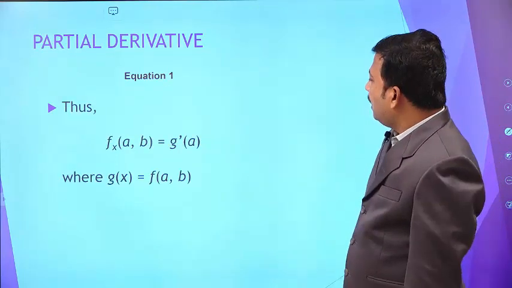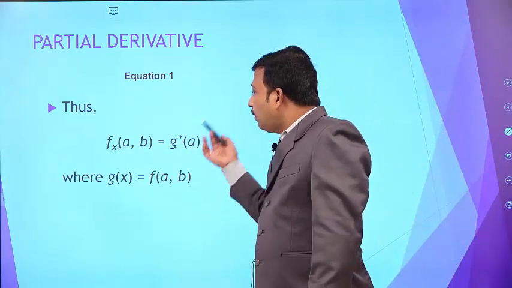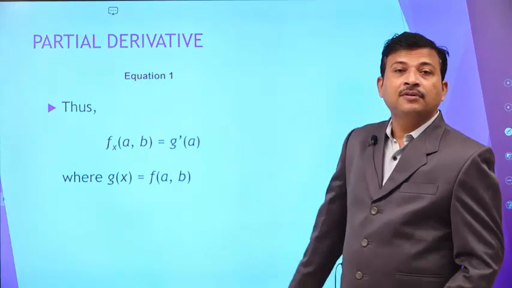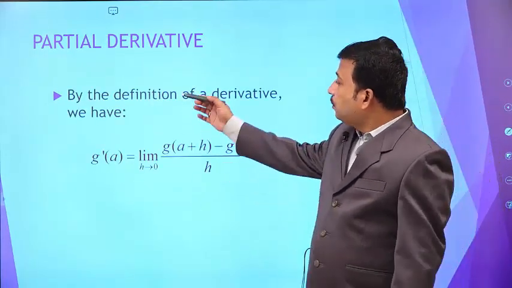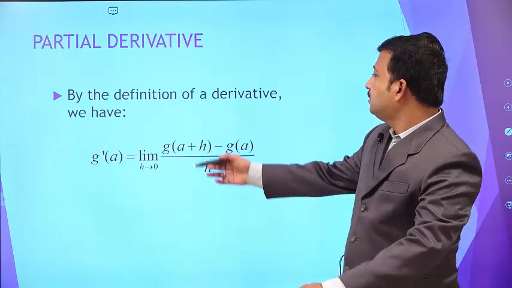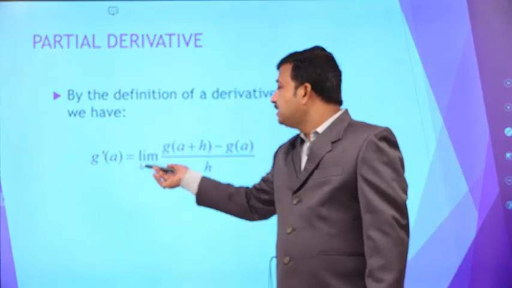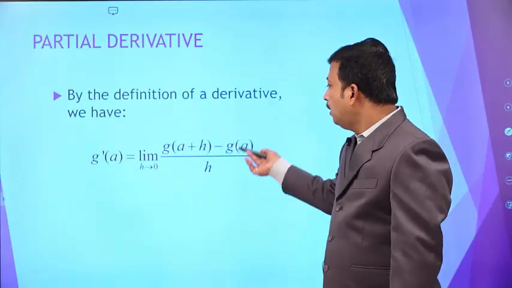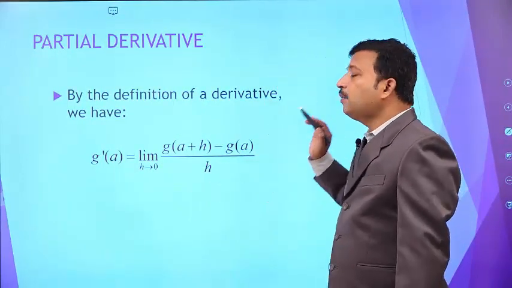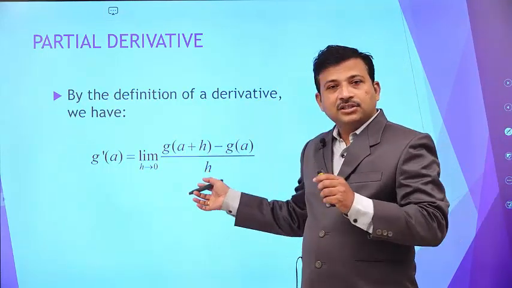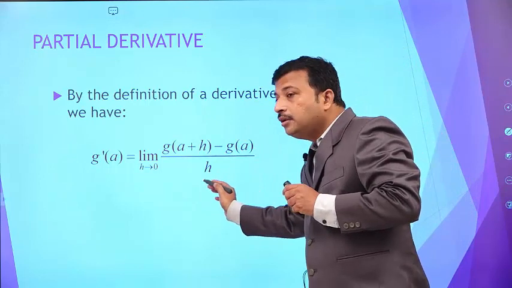In a similar way, fx equals g dash, where g of x is nothing but f of x and b. By the definition of a derivative, g dash a equals limit h tends to 0 of g of a plus h minus g of a by h. This is the derivative based on the limit.